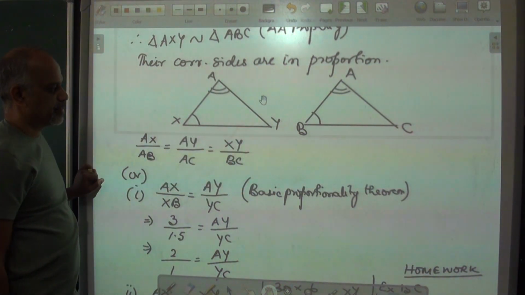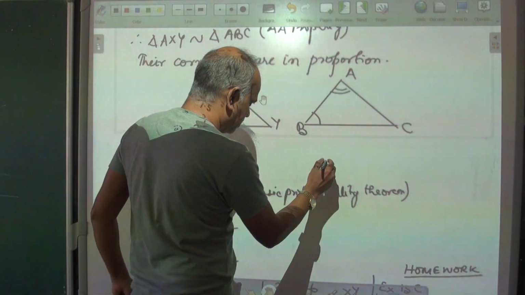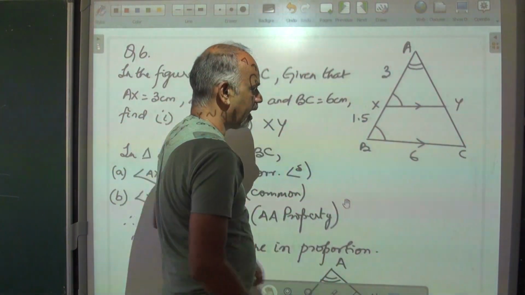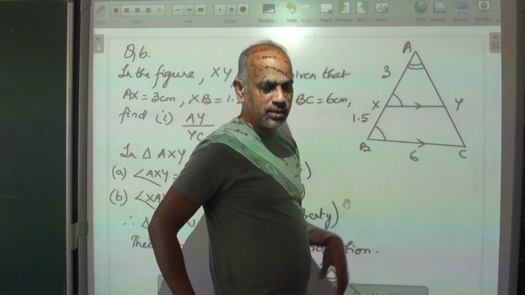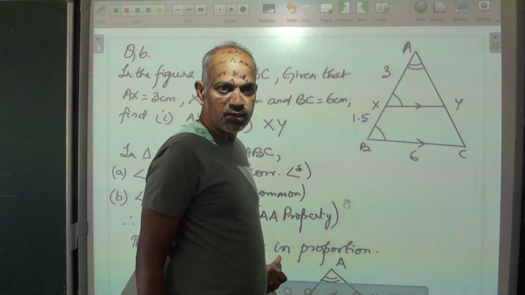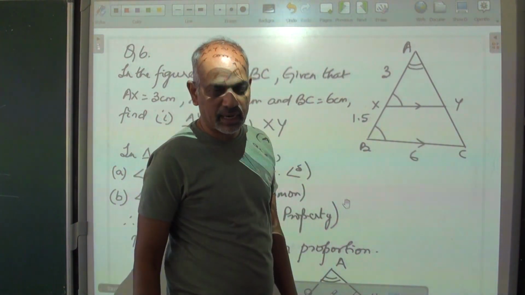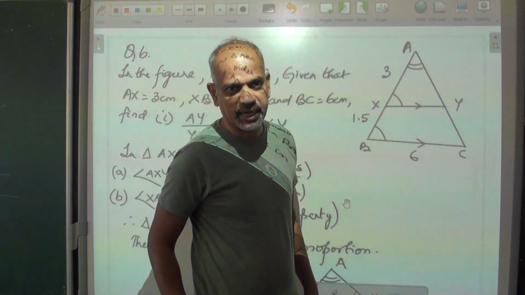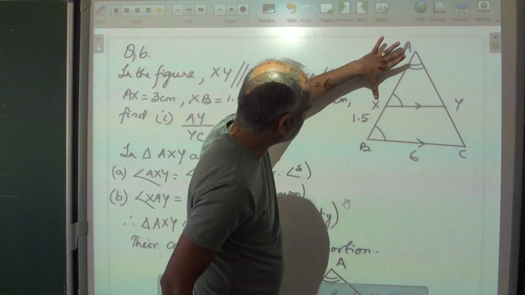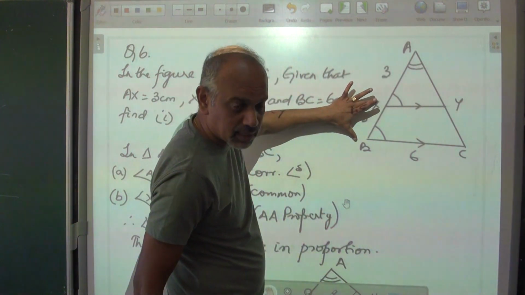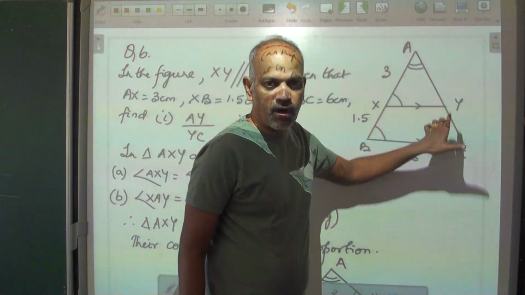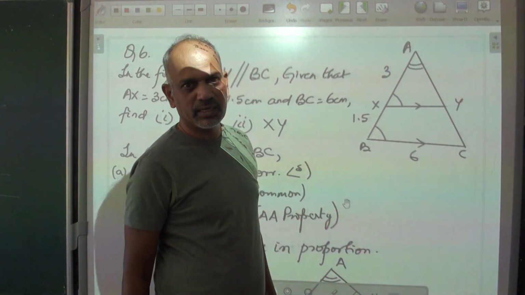In such figures, where you have one triangle inside the other one and one of their sides are parallel, besides the normal proportionality with three corresponding sides, there is also one more ratio that you can get, that is AX by XB is equal to AY by YC. This is called the basic proportionality theorem.